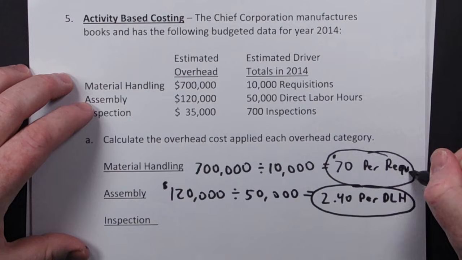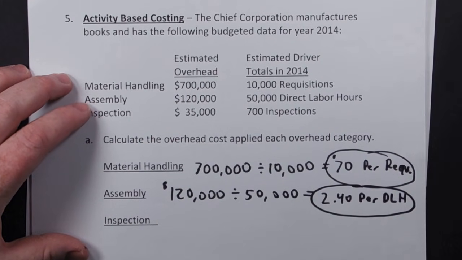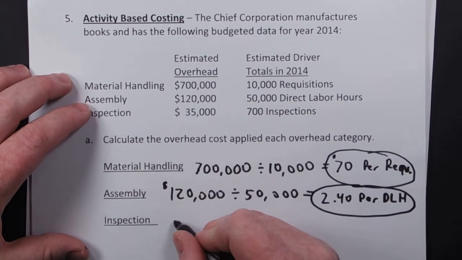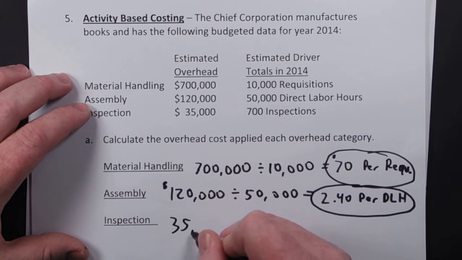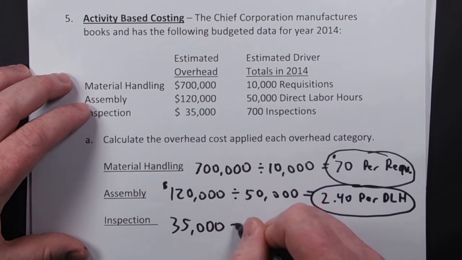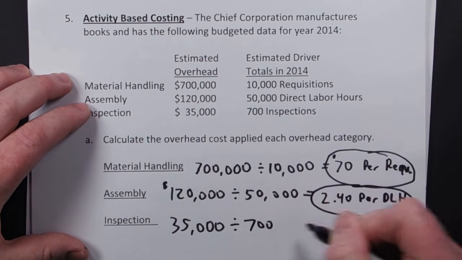And inspection, 35,000 divided by 700 inspections. That's our estimate for the number of inspections and cost.